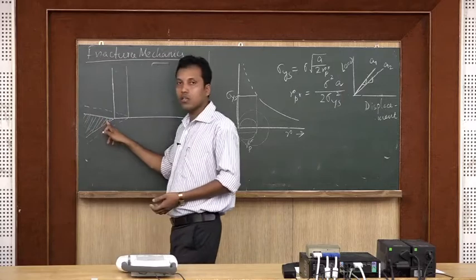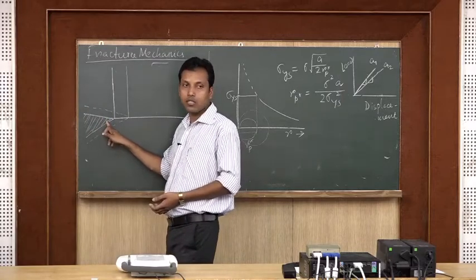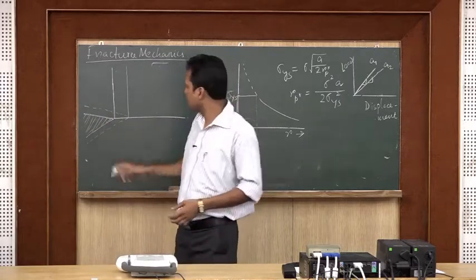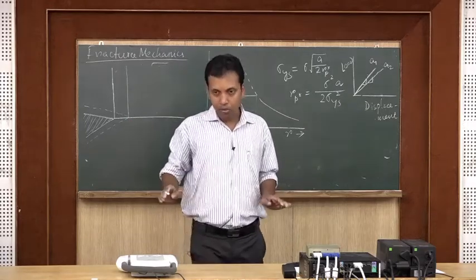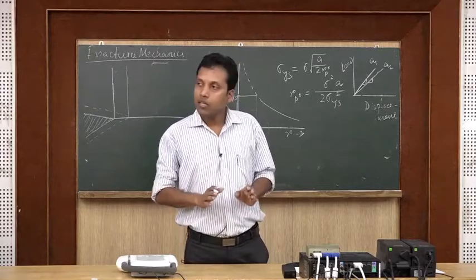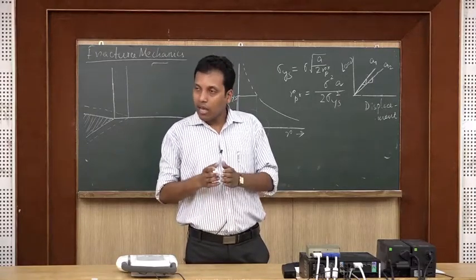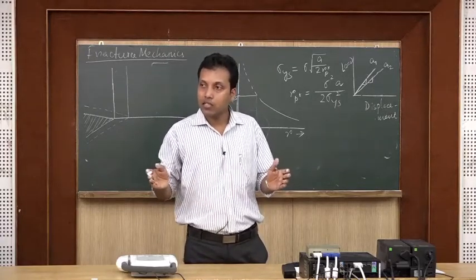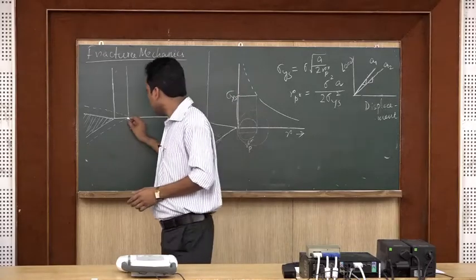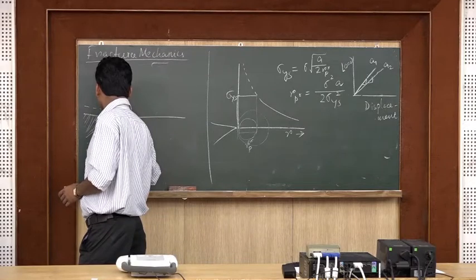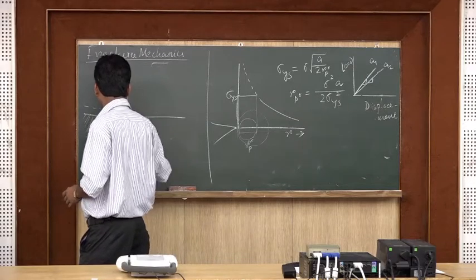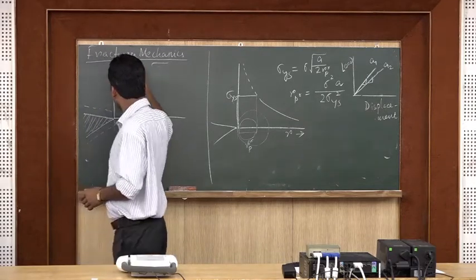Say this is the actual crack length which is there in the material, and this is the effective crack length which is not present, but virtually we are considering due to presence of a plastic zone as if the crack length is extended. So, how much is that extension? Say this extension is delta. And this is the material.